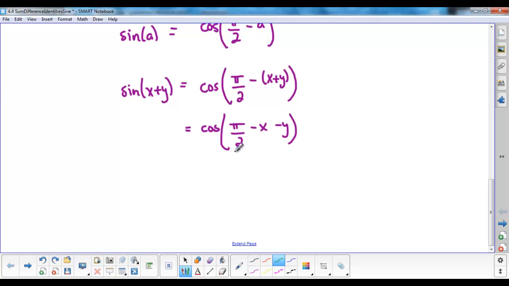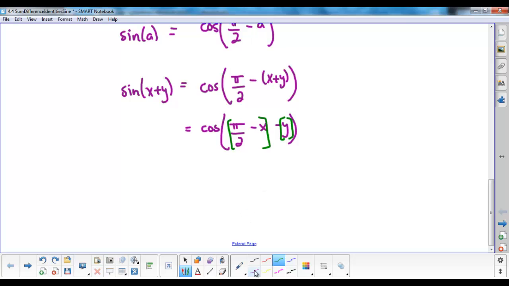So for our next step, we're going to be a little tricky. We are familiar with the sum and difference identities for cosine. So what I'm going to do is group it so that we only have two terms being subtracted, that being the first term and just y being the second term.